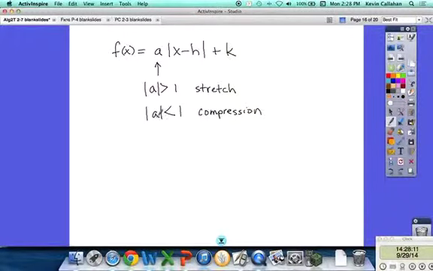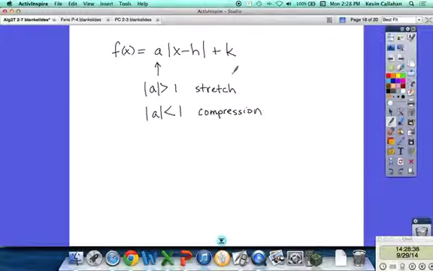If it's less than 1, it'll compress the graph and make it go up slower. And then we've got our minus h, which is a horizontal shift left and right, and also the x-coordinate of the vertex is h. And we've got a vertical shift, which is up and down, and k is the y-coordinate of the vertex.